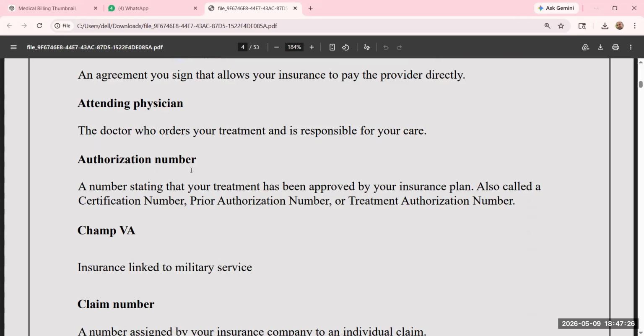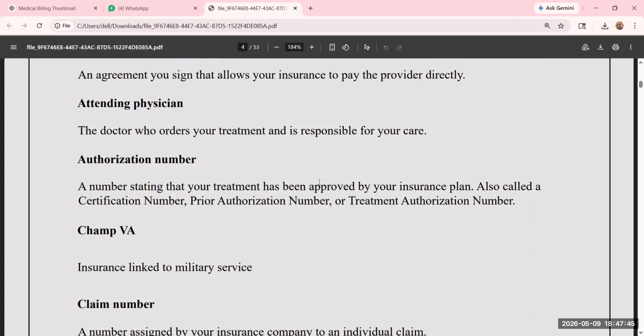Authorization number, what is it? A number stating that your treatment has been approved by your insurance plan, also called a certificate number, prior authorization number, or treatment authorization.